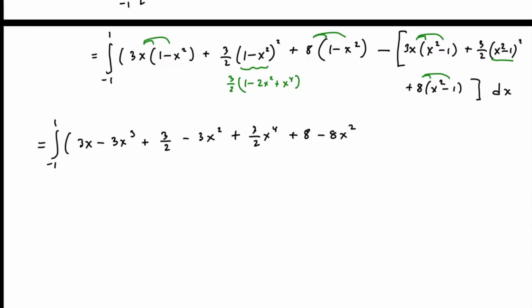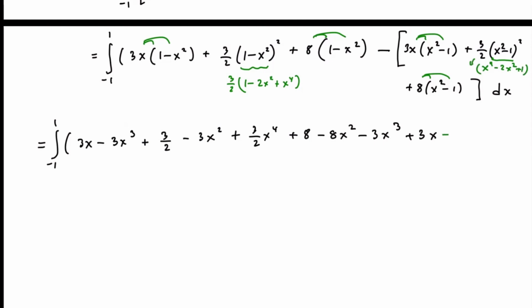Now the next terms we will distribute, and also distribute the negative. So we got 3x cubed minus 3x cubed. 3x times negative 1, that's negative 3x, times a negative, so that's positive 3x. Now here we expand this out, so (x squared minus 1) squared will be x to the 4th minus 2x squared plus 1, and then times the 3/2.